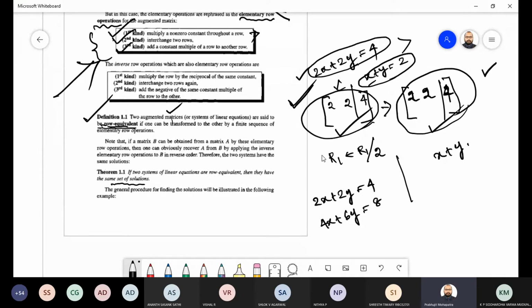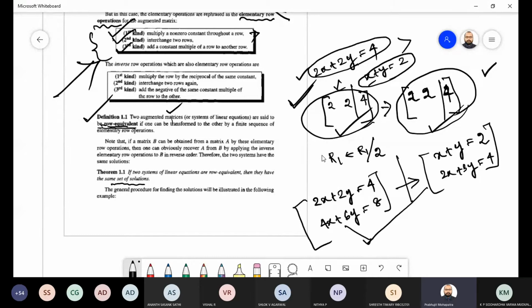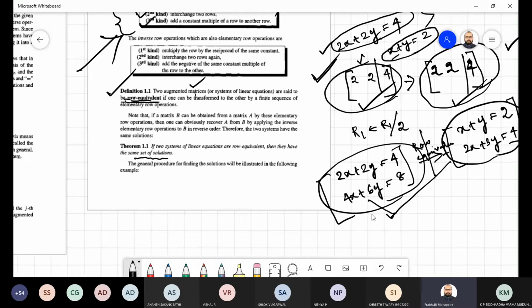Another is someone has taken x plus y equal to 2, and here he has taken 2x plus 3y equal to 4. So from one system of equations you can have the other one, so they are not distinct, they are exactly same actually. That means both are having the same set of solution. This is called row equivalent. By doing the row operation, if you are having the other one, that means they are having the same solution, they are not distinct. This is the normal concept.